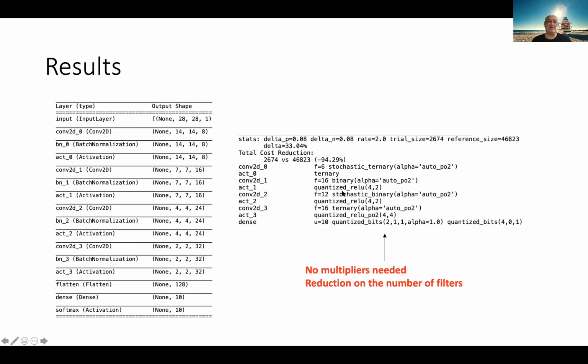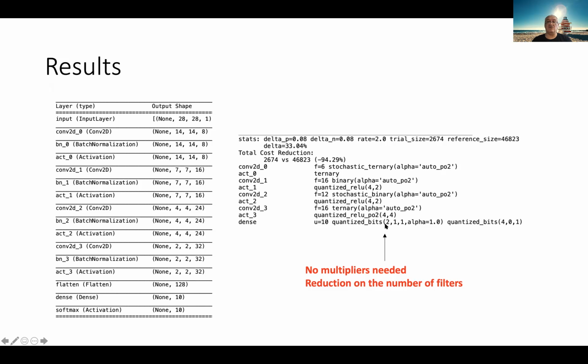The next one, the activation needed more bits, so it's now 4 bits. But I use a stochastic binary for weights, so I don't need to use multiplication. The next one, we have 4 bits for activation, ternary weights, so no multiplier. And finally, relu PO2 with 2 bits, so it's like exponent quantization with 2 bits.